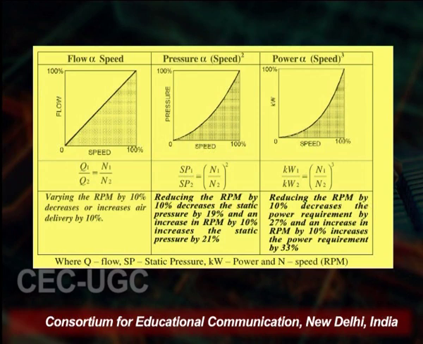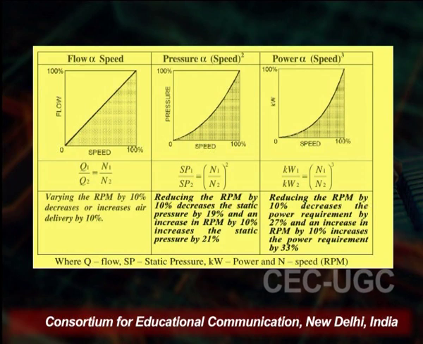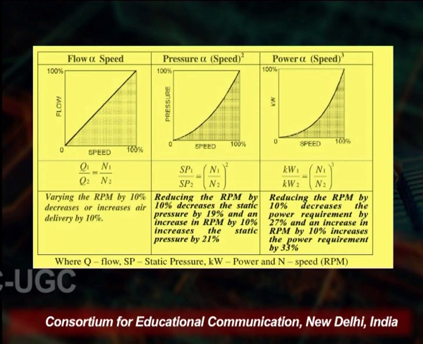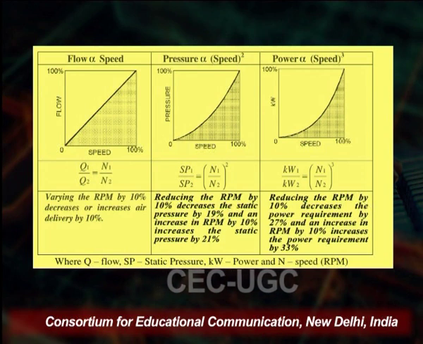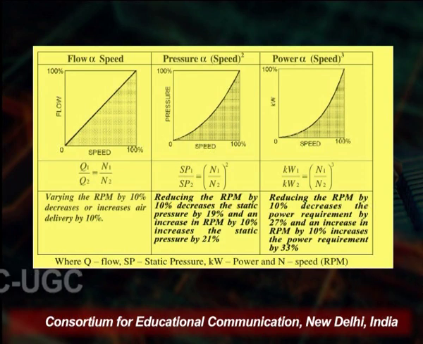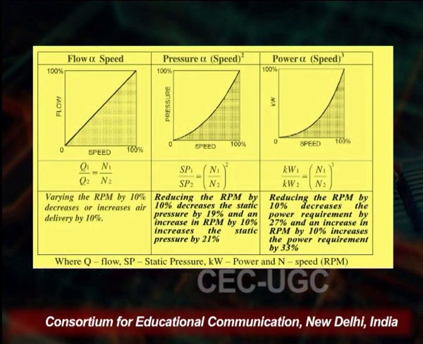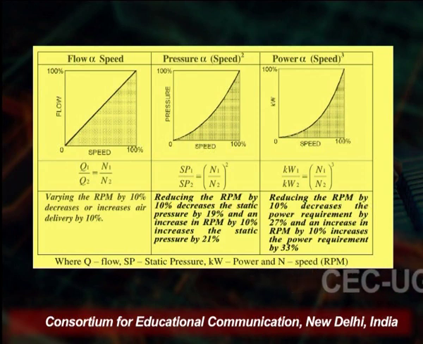A variation of the RPM by 10% decreases or increases air delivery by 10%. On the left hand side you see flow versus speed. Next is pressure versus speed squared. Next is power versus speed cubed. This must be kept in mind whenever constructing fans.